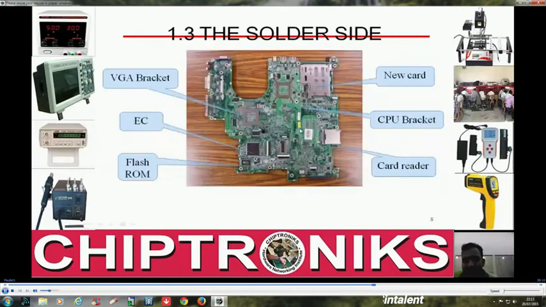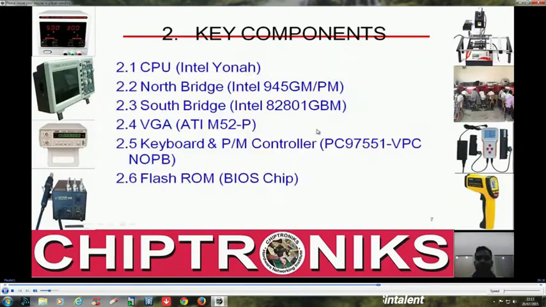This is the CPU bracket, and the embedded controller. Normally an embedded controller is found on the solder side, whereas a North Bridge or South Bridge is found on the component side. And the BIOS chip is connected to the IO controller, and this is the card reader. So these are the key components of a notebook motherboard.